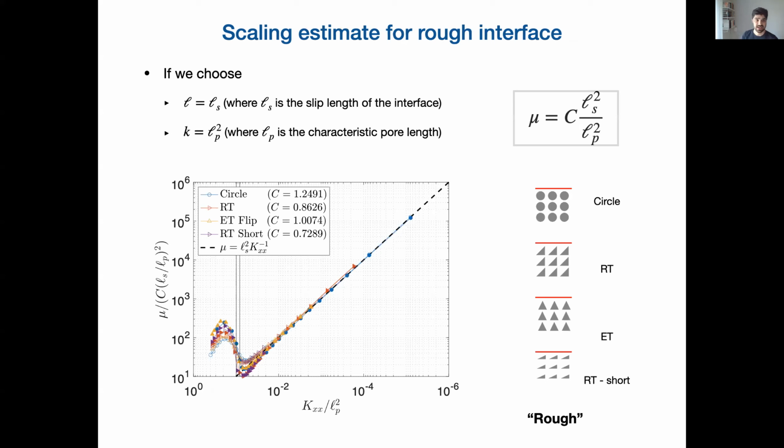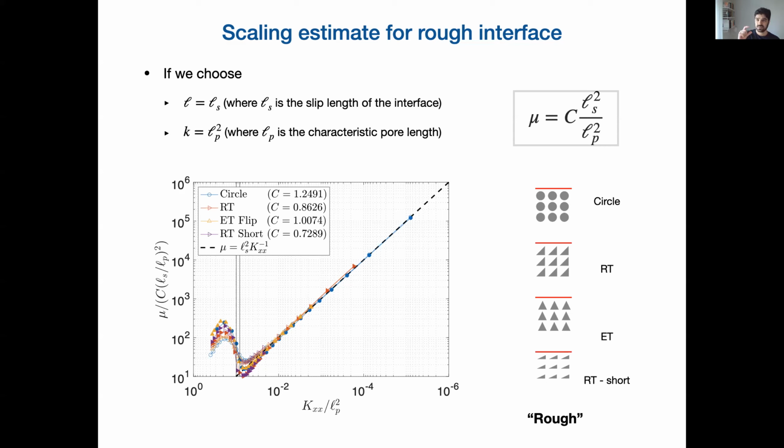So the question is then, what is the characteristic length scale? If we take now the category of geometries that we call rough, for these rough surfaces we can define a length scale, which is the slip length scale. If you have a Navier slip boundary condition, you assume a linear decay to 0 of your velocity profile at the interface.